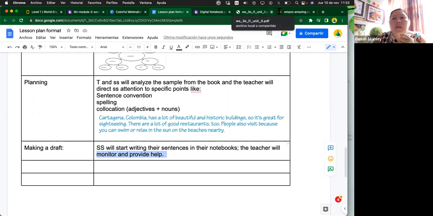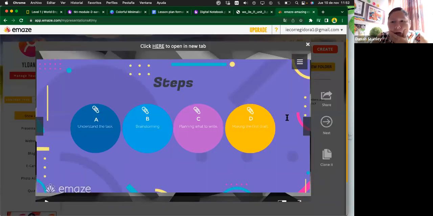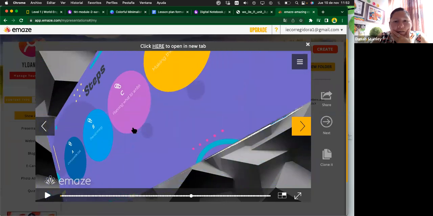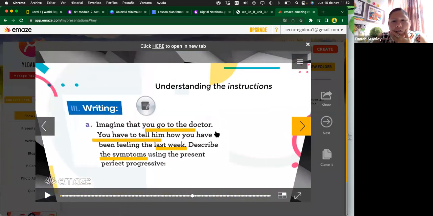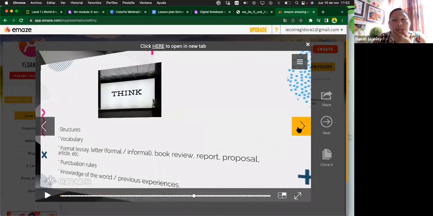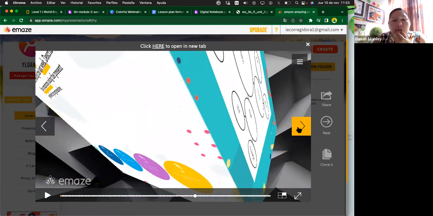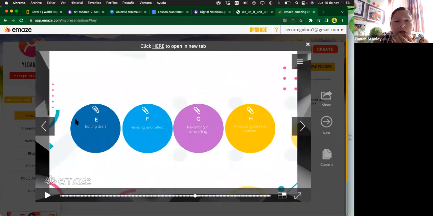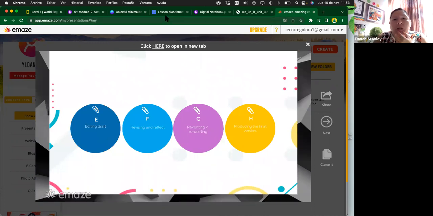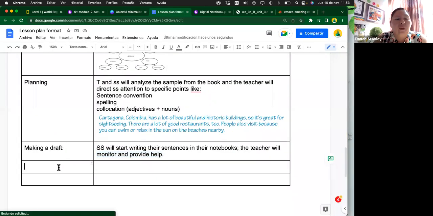All right. Then, after making the first draft, pues tenemos this evaluation part, ¿no? Editing draft. Entonces aquí, ¿qué se les ocurre que podemos hacer?